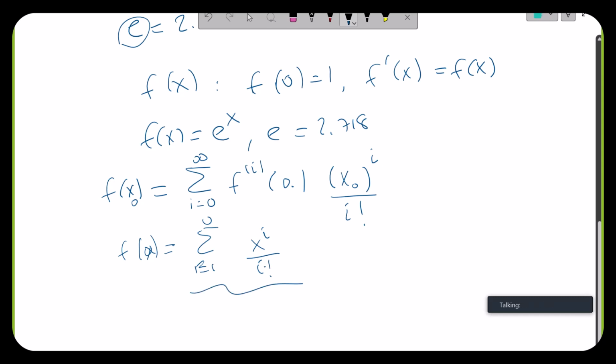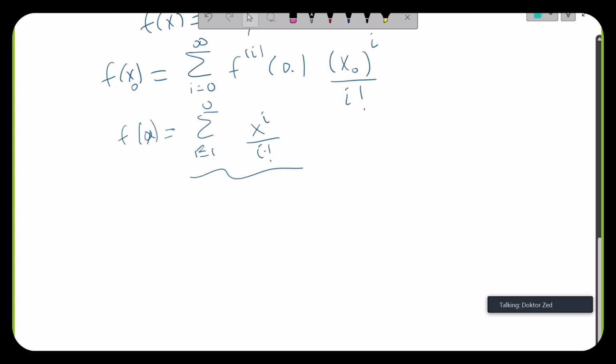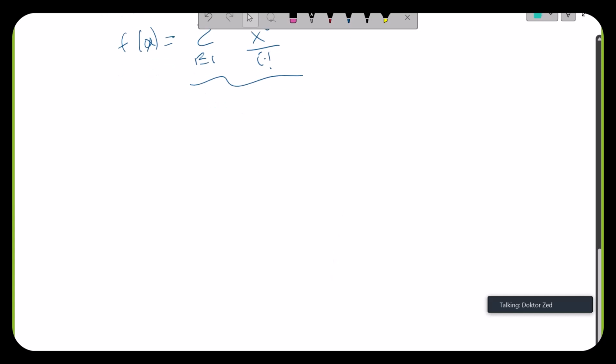When you evaluate that at x equals 1, that series converges to the number e. That's what's natural about it. It's not anything natural. And you have to thank, of course, a Swiss German mathematician called Euler for that. He came up with that number.